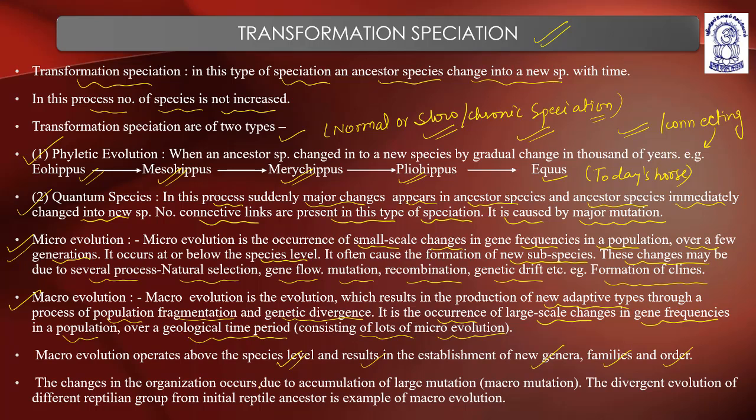Changes in organization occur due to the accumulation of large macromutations. The divergent evolution of different reptilian groups from an initial reptile ancestor is known as macroevolution.